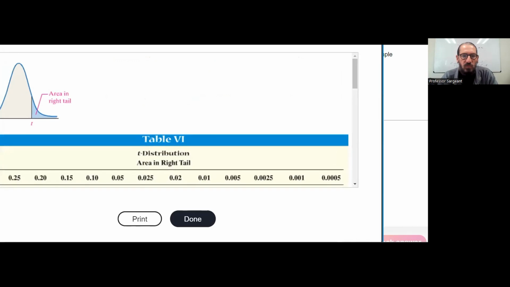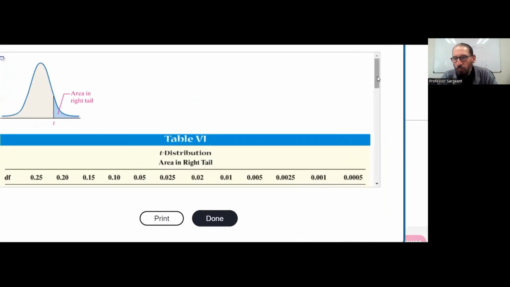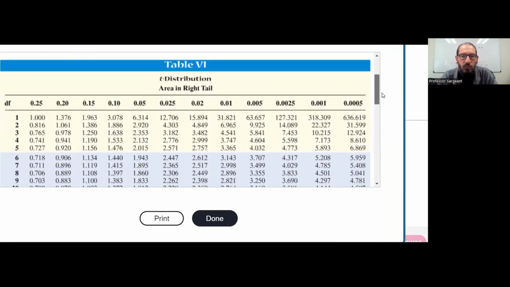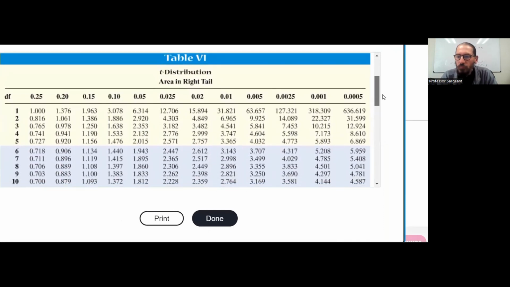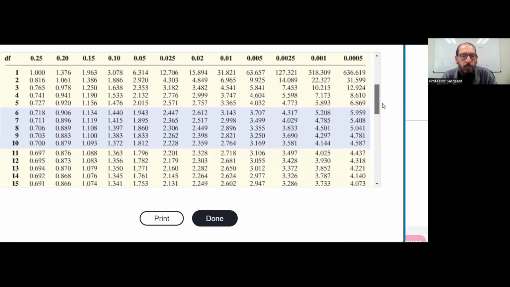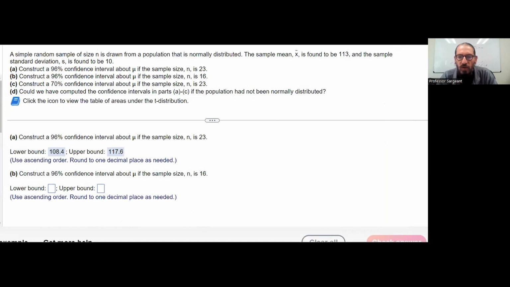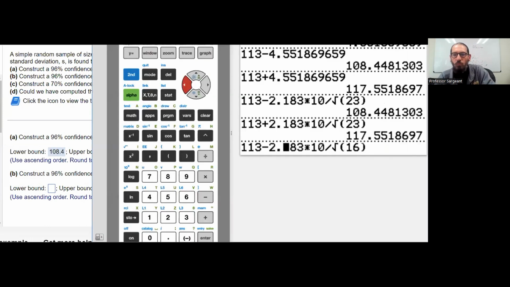We should be able to find where the 0.02 for the area in the right tail intersects the row for 15 degrees of freedom. And that is at 2.249. Notice that that is higher than what we previously had.